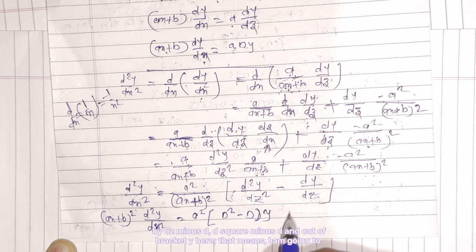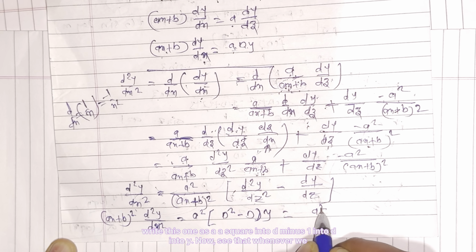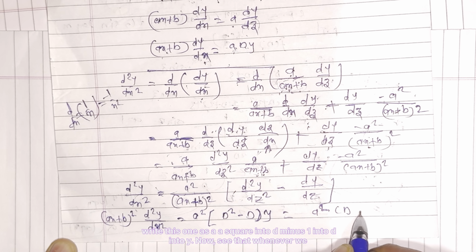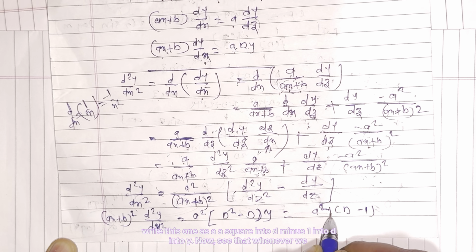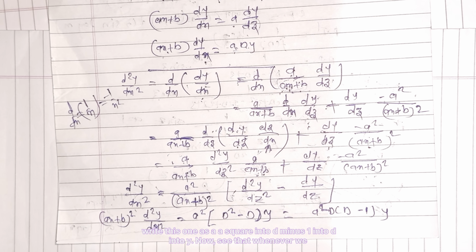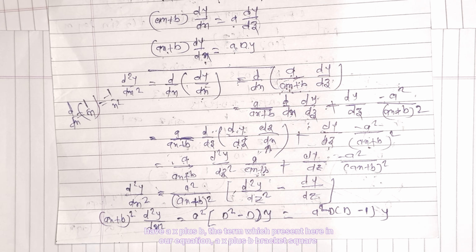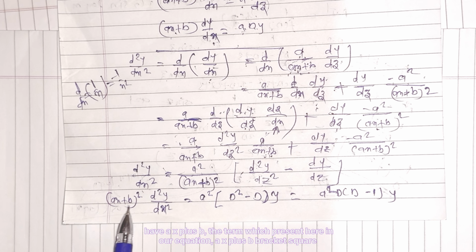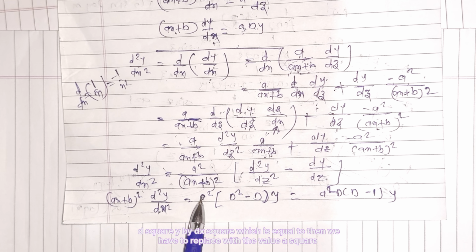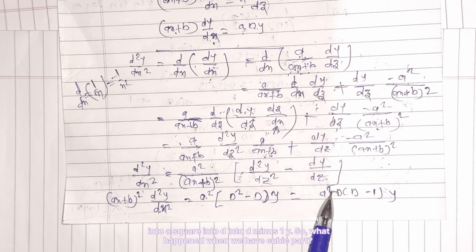That means I am going to write this as a square into (d minus 1) into d into y. Whenever we have (x plus b) bracket square d square y by dx square in our equation, we replace it with the value a square into (d minus 1) y.